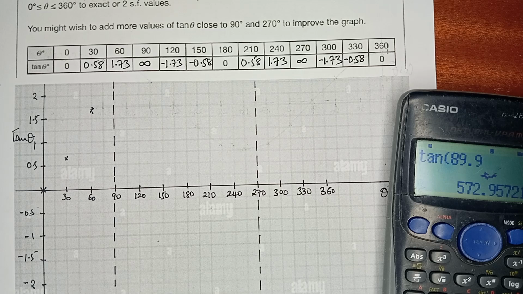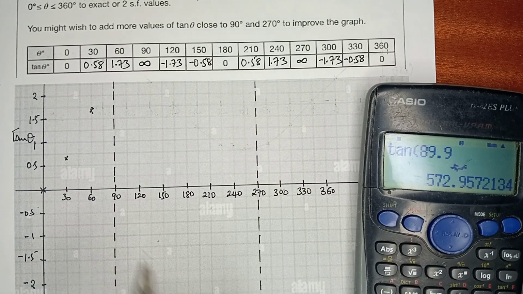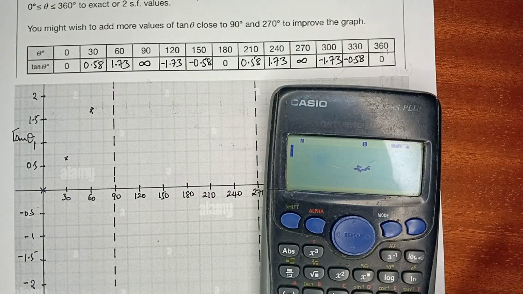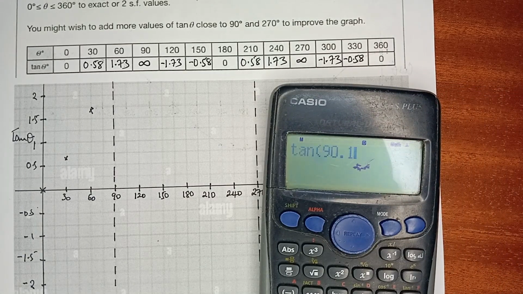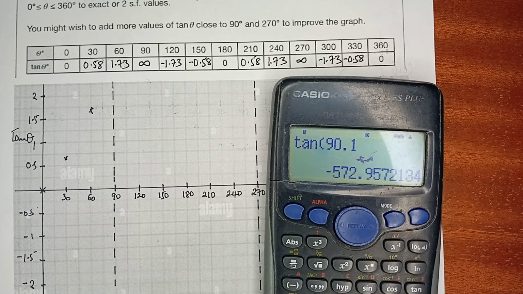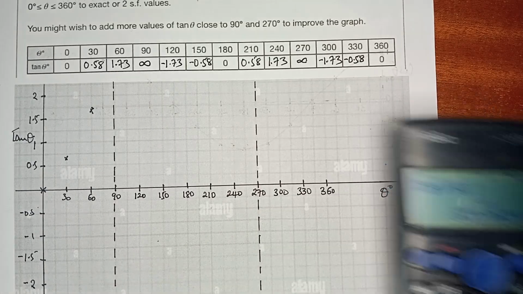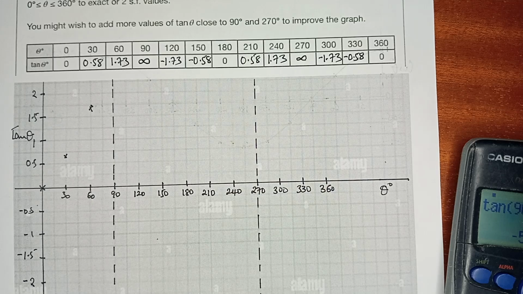What about the tangent of 90.1? Let's talk about just after 90 degrees. The tangent of 90.1 is again a very, very big negative number coming all the way from down these sides.